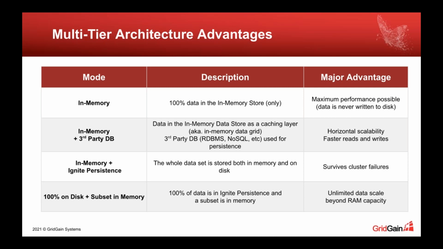One of the biggest advantages of that is that you can have either the full data set in memory, in which case your persistence layer is used purely for recovery. If something goes wrong, the cluster goes down, you can recover from disk, right?